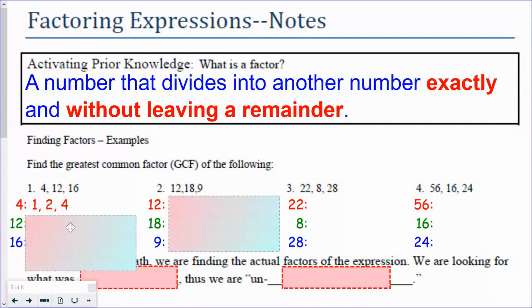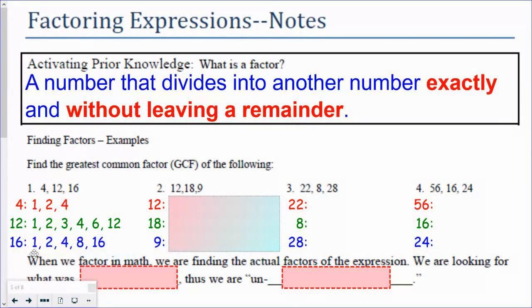I can multiply 1 and 4 to get 4, or 2 and 2. Then I list my factors for 12: 1 times 12, 2 times 6, or 3 times 4. If you put them in ascending order, it makes it easier later on to find their greatest common factor.